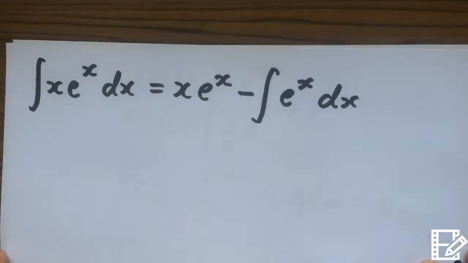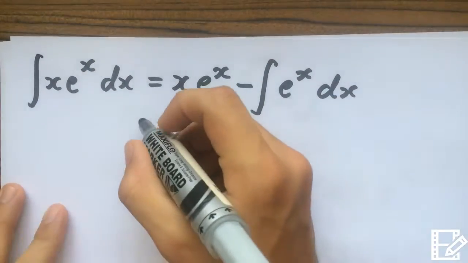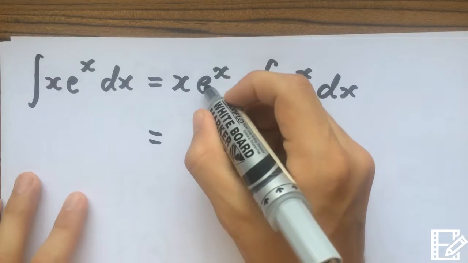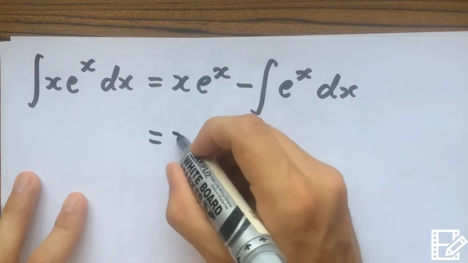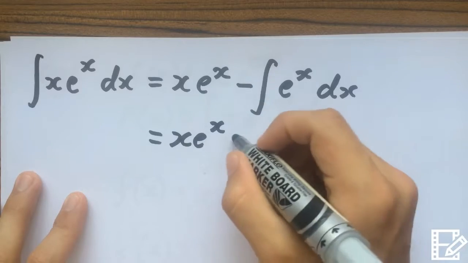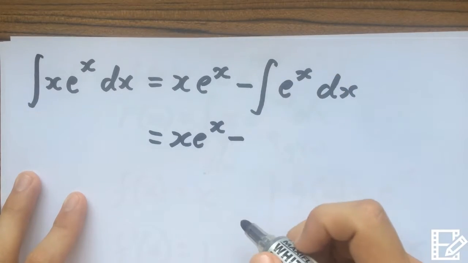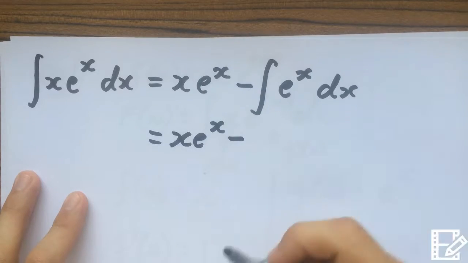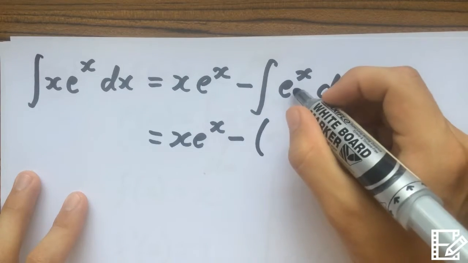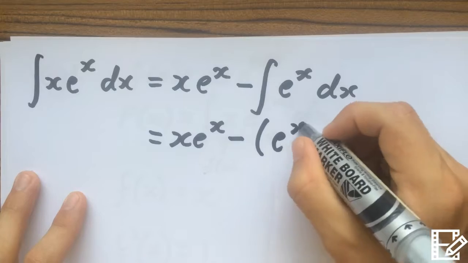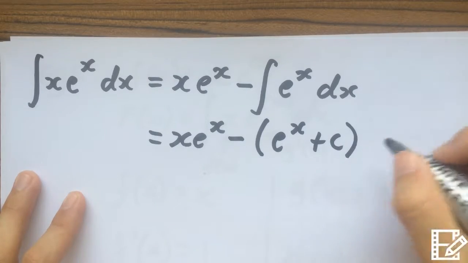Okay? So now we have that. We can solve. Here's the easy part. X multiplied by e to the power of x stays the same. Subtract the integral of e to the power of x. Now, just like before, we've already said that the integral of e to the power of x is e to the power of x plus c.